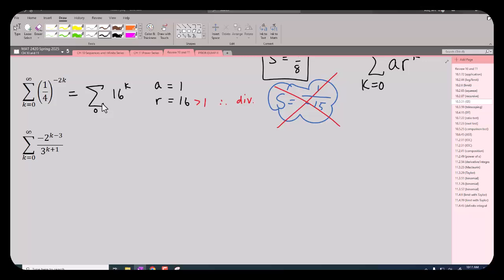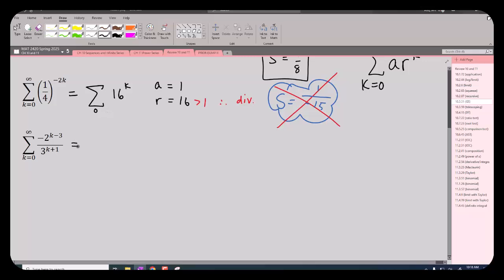Is that minus included in the power? No. To include a sign, you would have to wrap the sign in parentheses so that the power was affecting it. So this power has nothing to do with that minus. That minus is just sitting there. It's a minus 1 times 2 to the k minus 3.